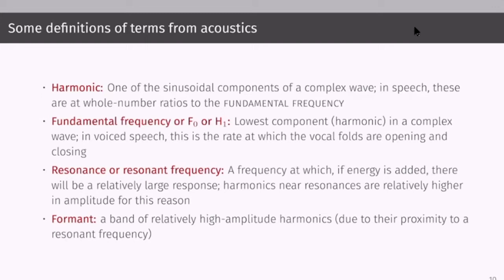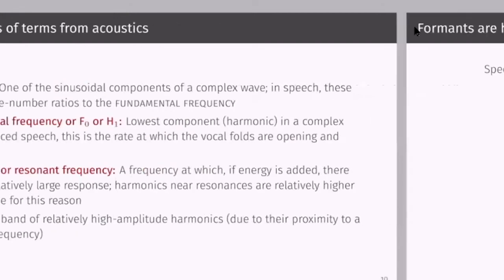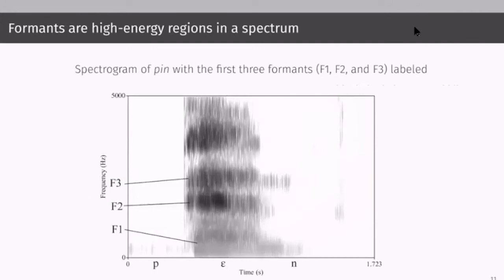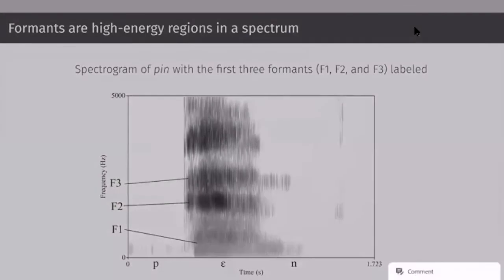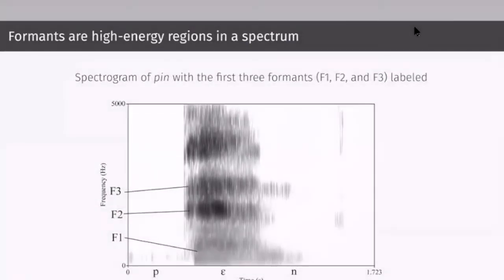And like for a pendulum, you just have one resonant frequency. But for other kinds of physical systems, like the vocal tract, you have basically an infinite number of resonant frequencies. So here are formants. Formants are high energy regions in the spectrum. So we call them F1, F2, F3, and so on.